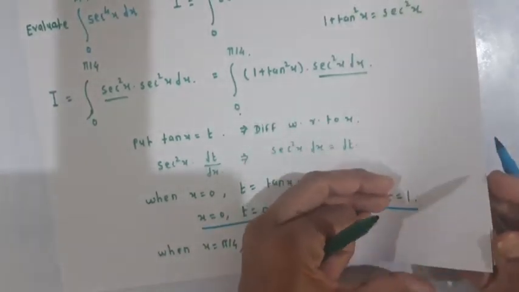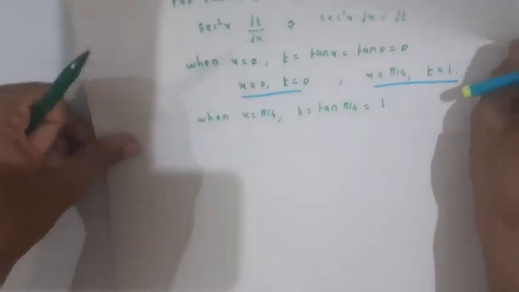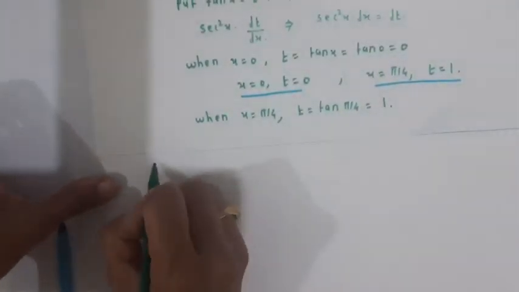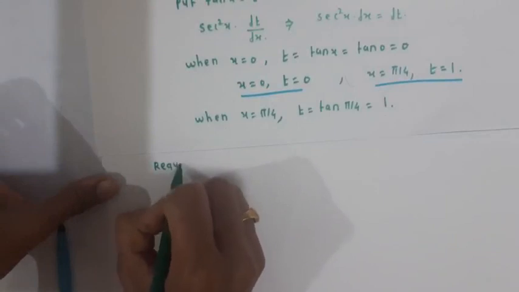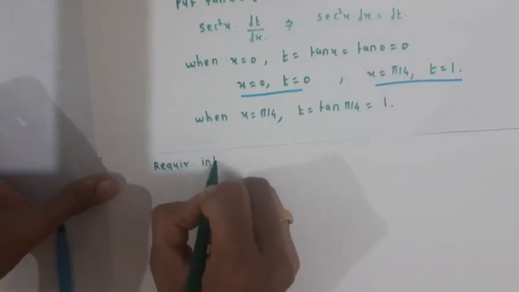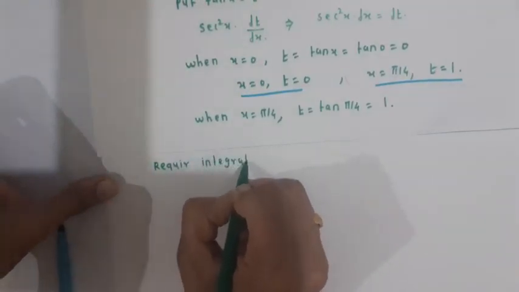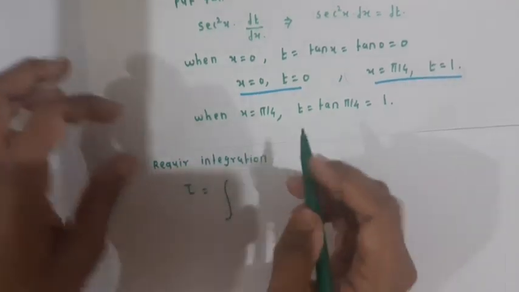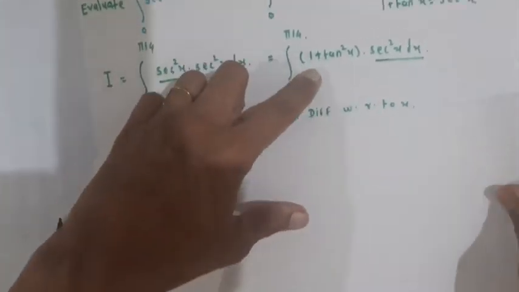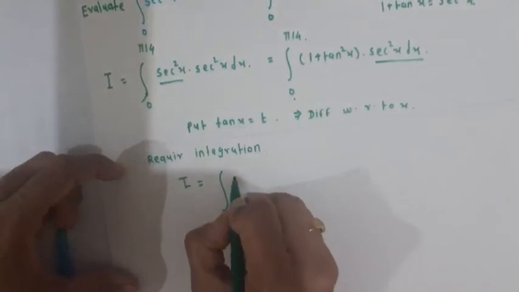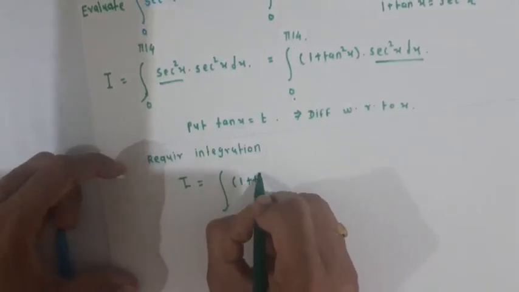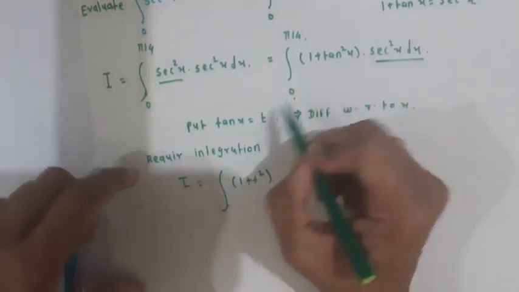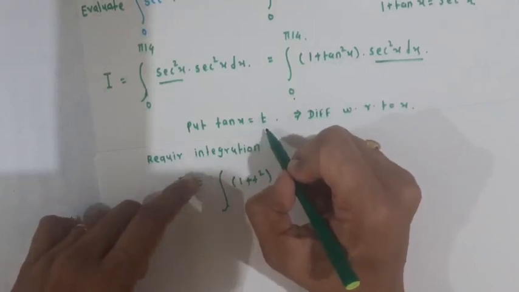Now our required integration, I equal to, what is our integration? 1 plus tan square x, and this is 1 plus t square, because for tan x we have put t.